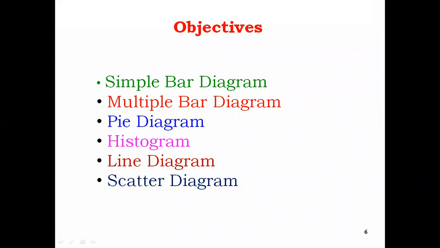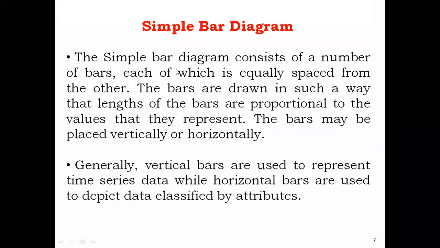Now I'm going to explain about simple bar diagram. What is the simple bar diagram? The simple bar diagram consists of a number of bars, each of which is equally spaced from the other.